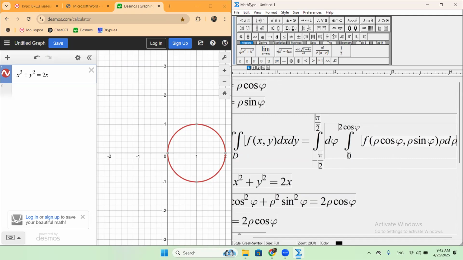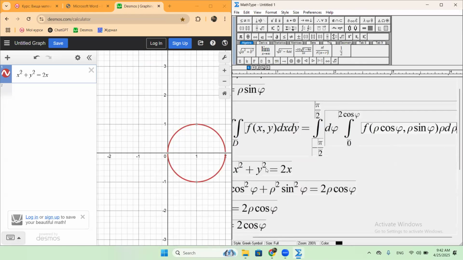Any questions about this exercise? Why phi in these bounds? Phi? Yeah, phi. Okay, as I explained, phi is the angle between the x-axis and another ray.